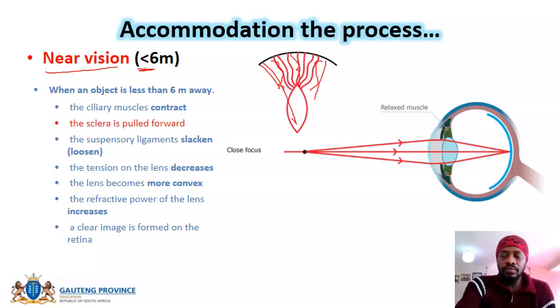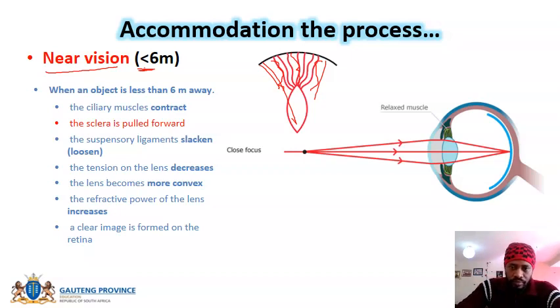Now, let's then look at accommodation of near object, near vision. When we are viewing an object which is less than 6 meters from us, the ciliary muscles, like we said, first we put in our mind, which kind of lens do I need for near object?